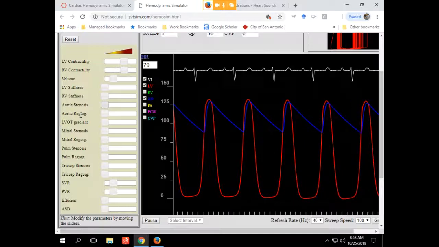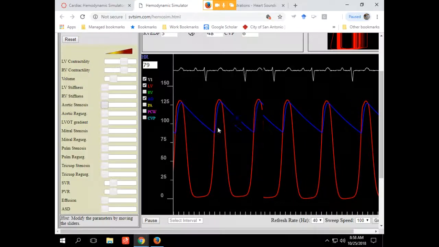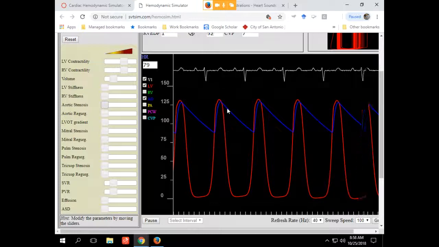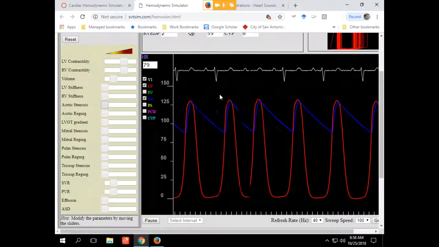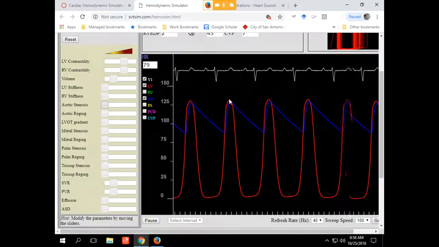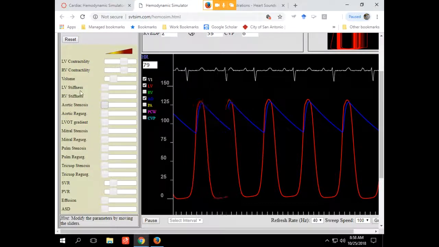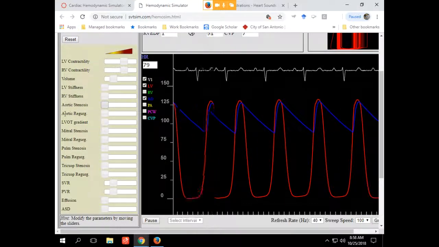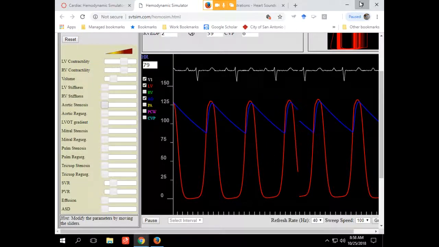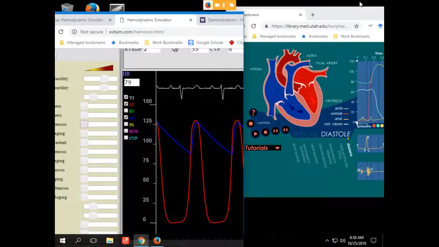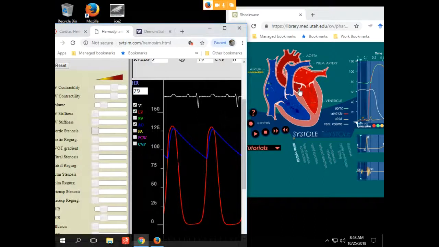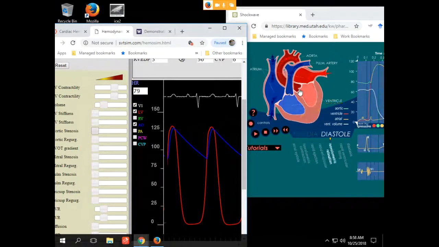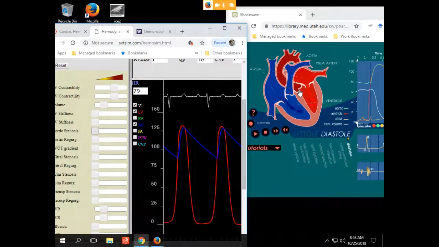We also talked about regurgitation, right? We talked about aortic regurgitation, right? When does regurgitation usually happen? Like in the valve right here, we're looking at the aortic valve. We want to see if there's any regurgitation, right?